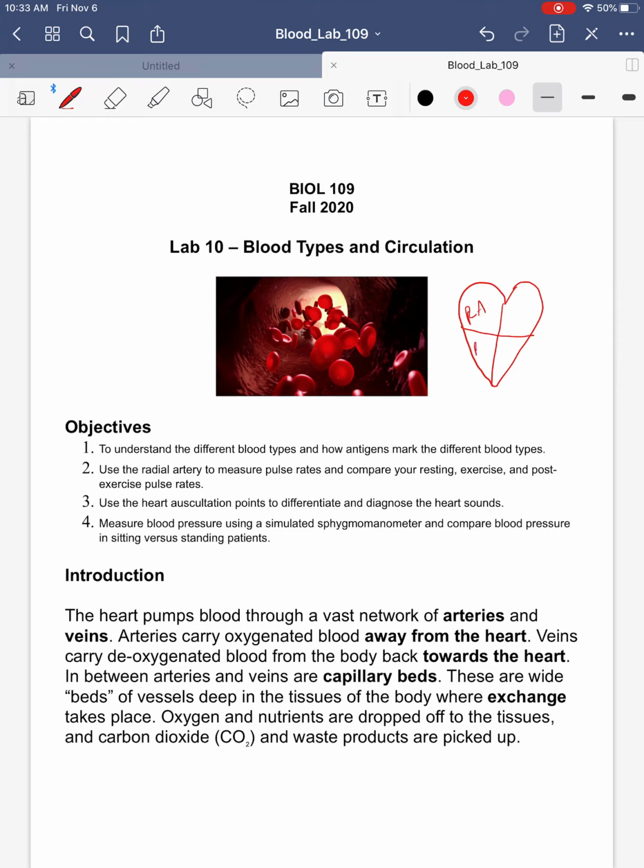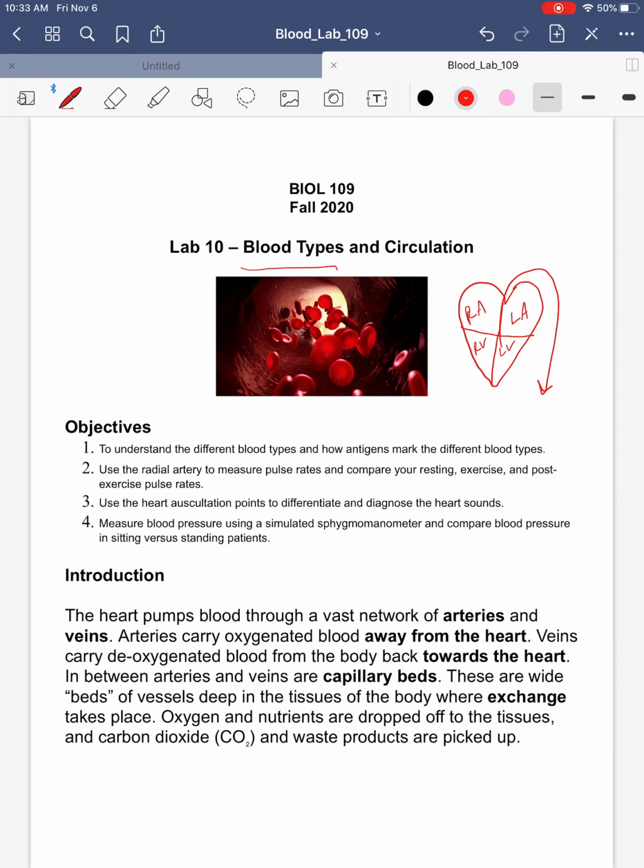Right atrium, right ventricle, left atrium, left ventricle. We know that the heart is going to pump out oxygenated blood to the body. So now we're going to talk about the blood as it exists in these blood vessels.